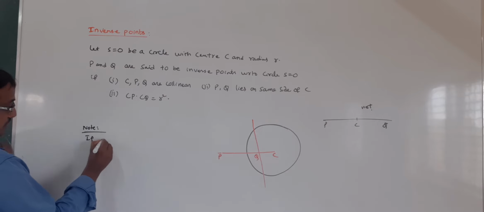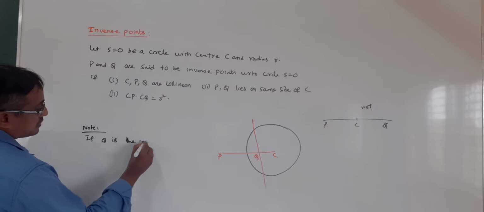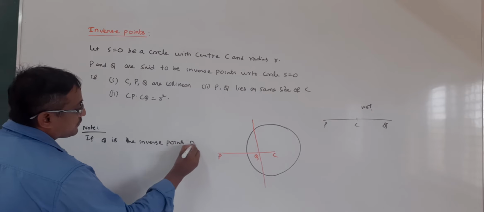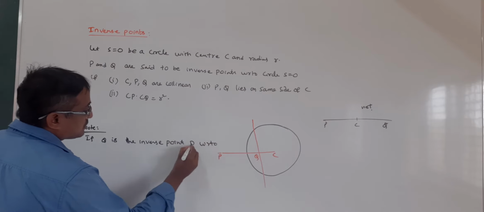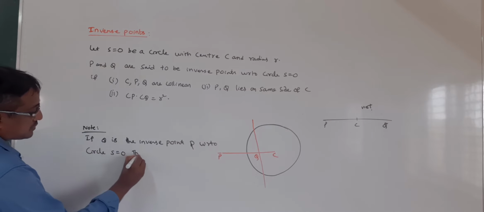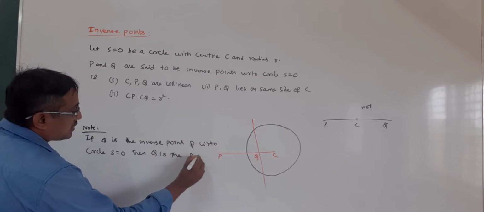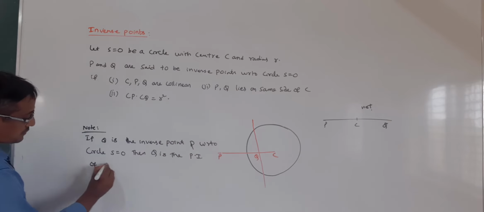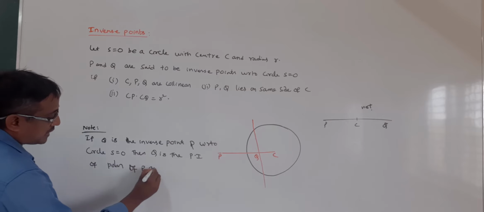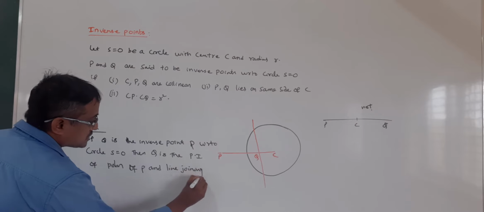If Q is the inverse point of P with respect to the circle S = 0, then Q is the point of intersection of the polar of P and the line joining CP.